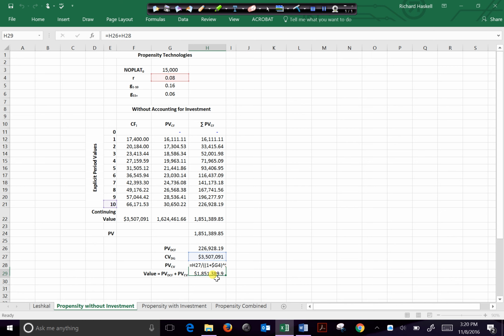And then to find the actual value, we're adding up the present value of the discounted cash flow plus the present value of the continuing value, and that gives us some value. That's a present value.